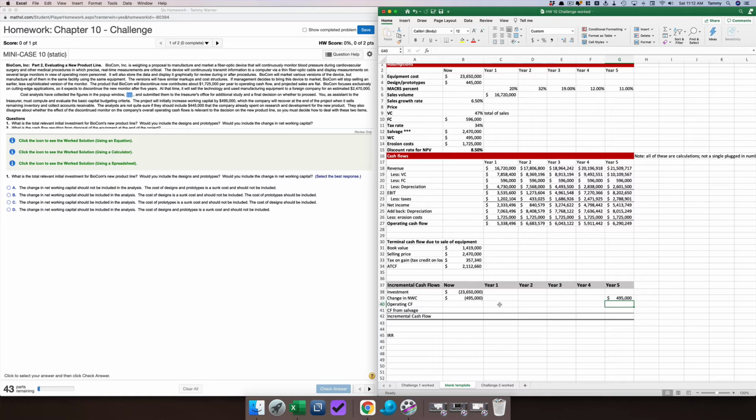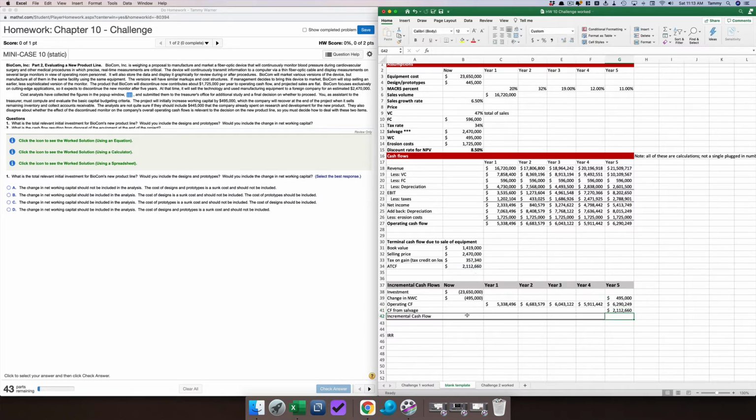Okay, our operating cash flow is just going to be picking up that value there. And then our cash flow from salvage is going to be happening out in the last year, in year 5. That's the 212.